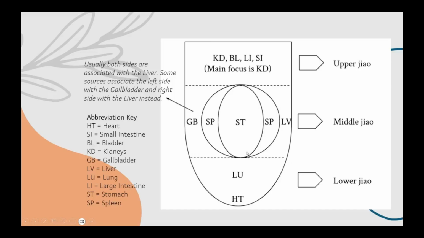So the very middle of the tongue is associated with the stomach, and the edges of that are associated with the spleen. And then, as I said, either side is typically associated with the liver, and towards the tip is associated with the lung, and the very tip is associated with the heart.